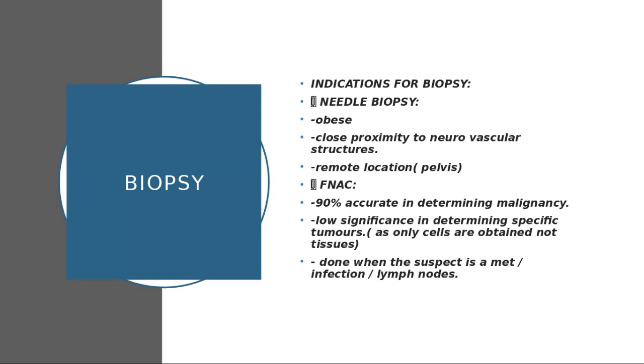And what should be added to this is that it's usually an image-guided needle biopsy. So you don't just stick blindly into the patient. You do some form of imaging, whether it is fluoroscopy, ultrasound guided, or CT scan guided, and that now guides the needle into the exact area of tissue that you want to biopsy. So I should add to that image-guided needle biopsies.